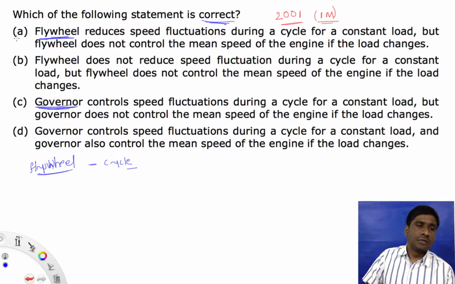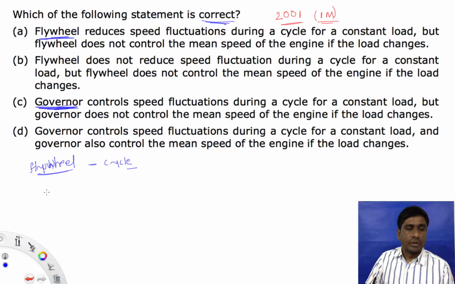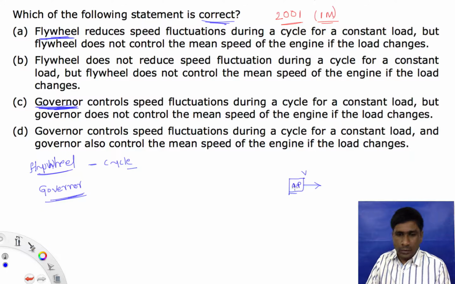So let's read the first statement. Before reading the first statement, I would like to explain about the governor also. Actually these governors are used to control the fuel flow in an engine. So for example, in the same car example, this is the car moving in this direction with 4 persons, and at this particular load and speed, we are supplying F1 amount of fuel.